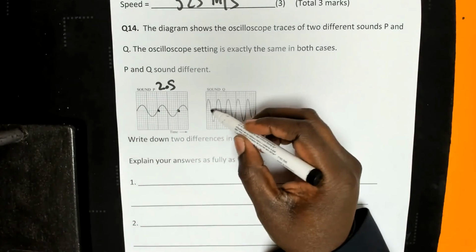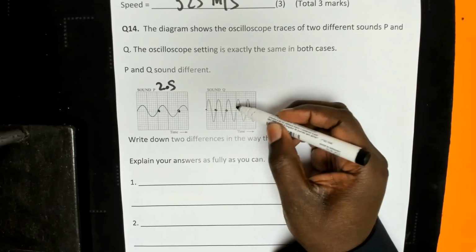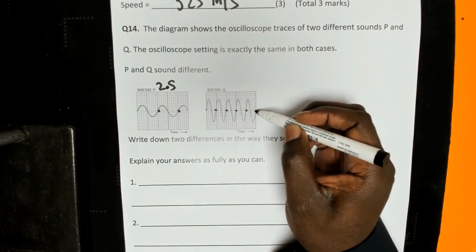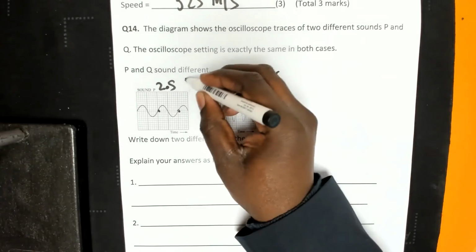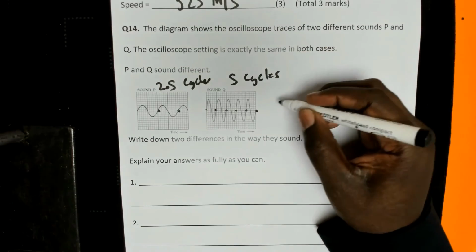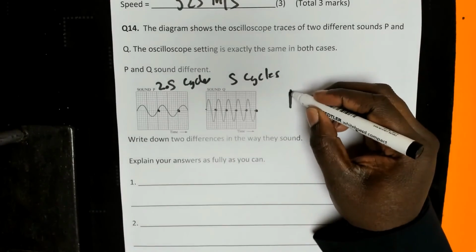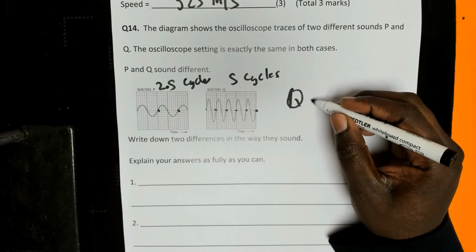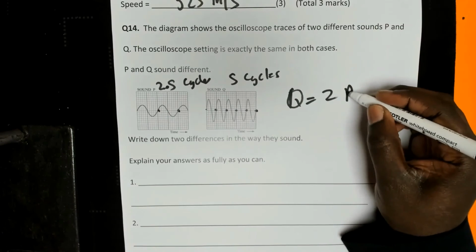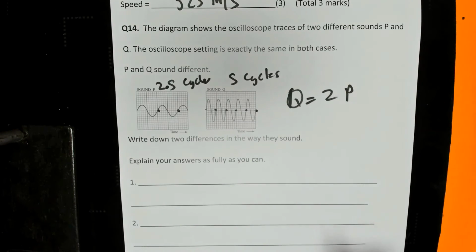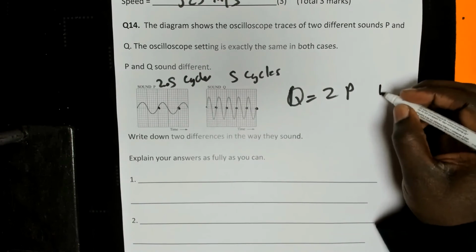And for the second, we have 1, 2, 3, 4, 5 complete cycles. So if we think about it, Q is equal to 2 of P in terms of cycles. So that could give you 1 mark there.